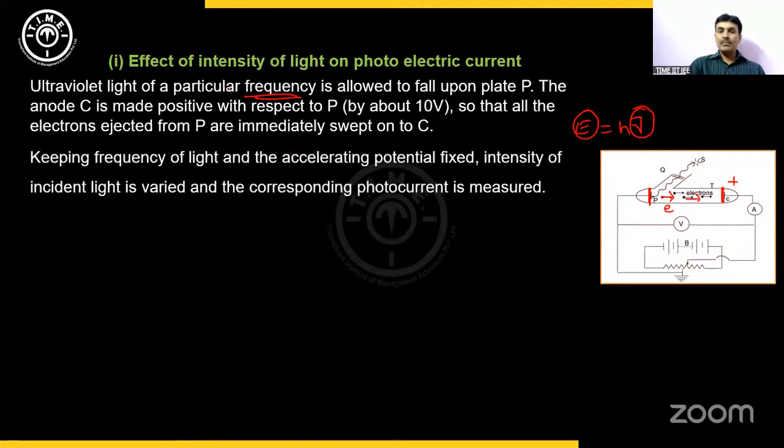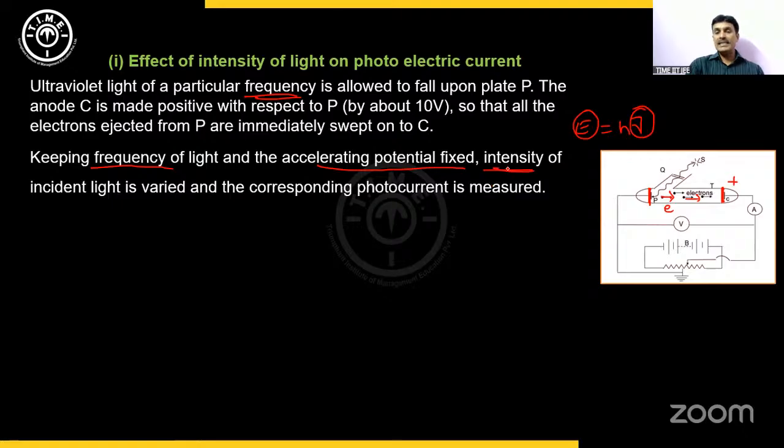To understand the effect of intensity, keep the frequency and accelerating potential fixed. Fix the potential difference between the metal plate and the collecting anode. Also, fix the frequency of the incoming radiation. Then alter the intensity of the radiation.